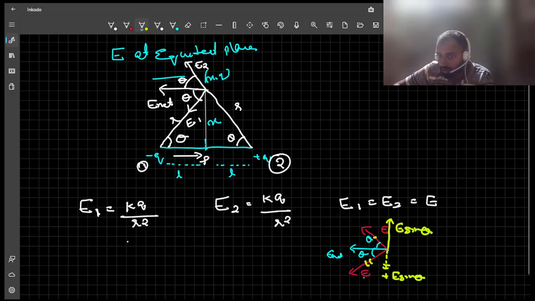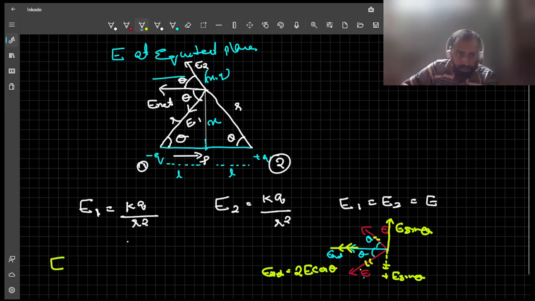So the net electric field in the perpendicular direction is 0. Only the resultant electric field is acting in this direction. That is, one e cos theta for this and one e cos theta for this electric field. So total E net is 2 times e cos theta, right?